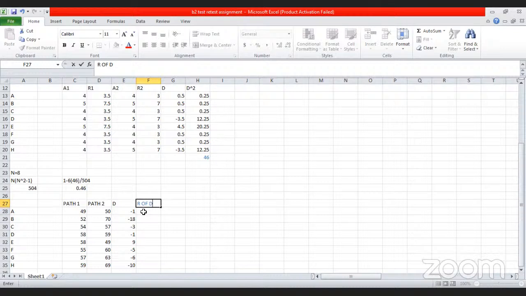So it will be 1 plus 2 divided by 2. Clear? That is 1.5. So 1.5 will be for all the 1s.